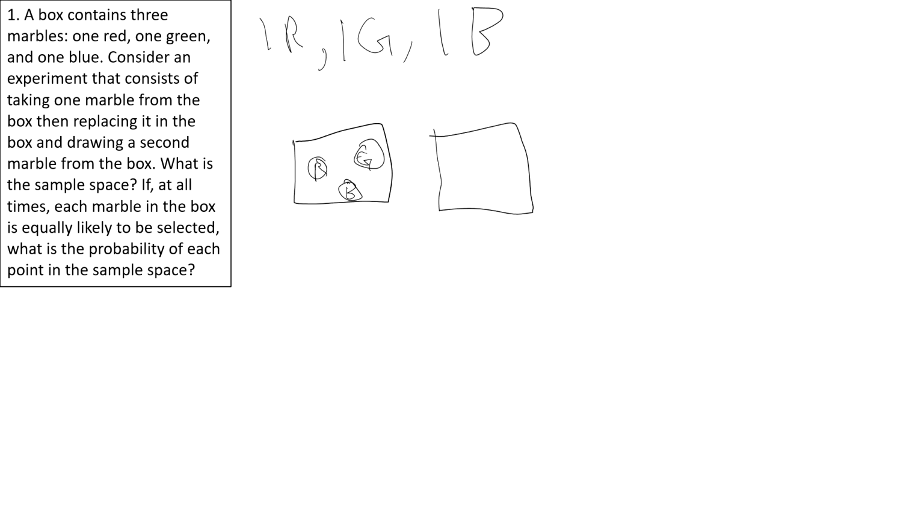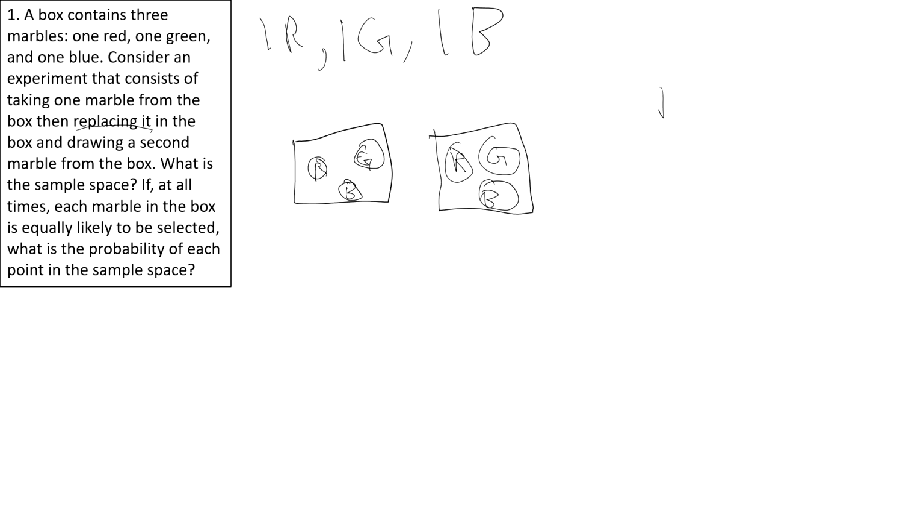So in the second turn you again have the option of choosing R, G, or B. Note that we are replacing it here. That is why we have this. So what is the sample space?